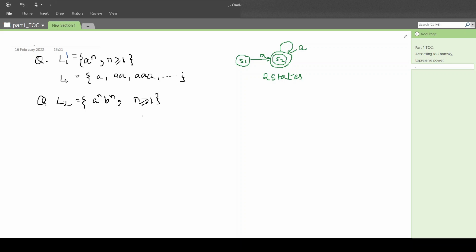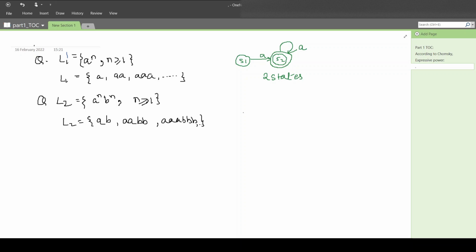If we are doing it with finite automata, what is the language saying? Let's find it out first. If n is equal to 1, it is a b, then a a b b, then a a a b b b, and so on.